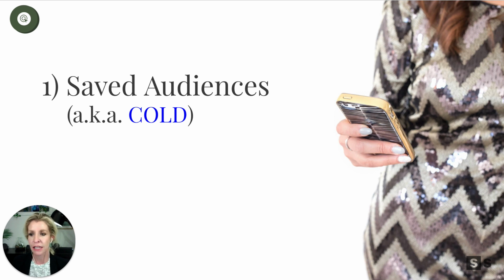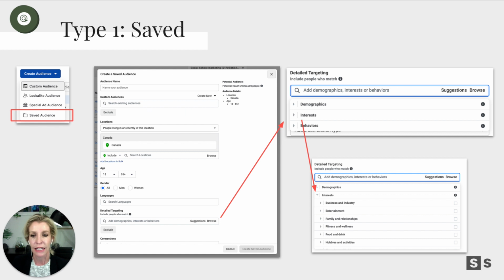So briefly, let's review this then. Saved audiences, what it looks like when we're creating these, is pretty self-explanatory. You get walked down the path of the general targeting as well as the detailed targeting, which is where the interests and behaviors come in. And if you know this in advance of who you want to target, what type of interest they have, and you're constantly paying attention to the audience size meter at the top of your screen to know how big it is, great.